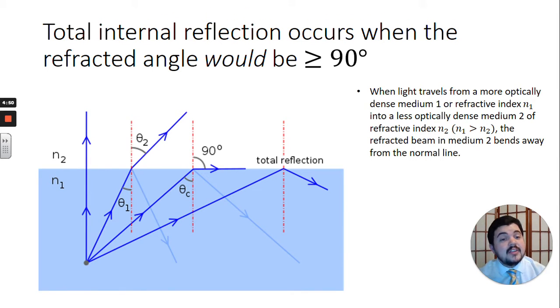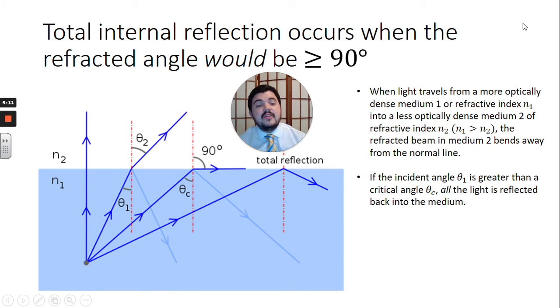So anyways, when light travels from a more optically dense medium 1 of refractive index n1 into a less optically dense medium 2 of refractive index n2, so in other words, n1 is bigger than n2, the refracted beam in medium 2 bends away from the normal line. That always happens.